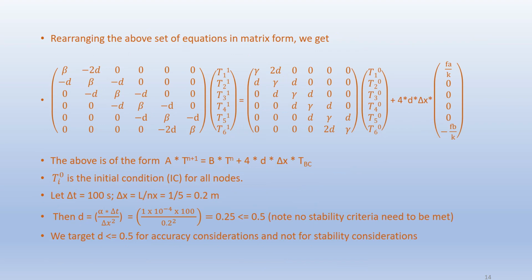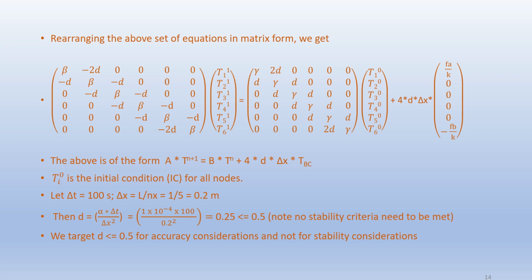The above is of the form A times T^{n+1} equals B times T^n plus 4 times d times delta x times Tbc. Here Ti0 is the initial condition for all nodes from 1 to 6, and Tbc represents the boundary conditions.